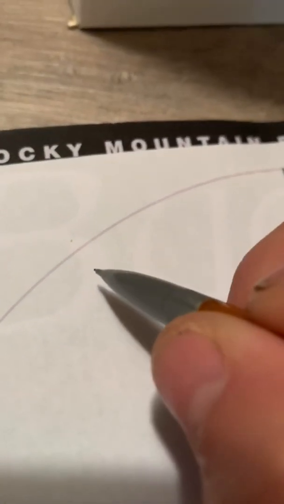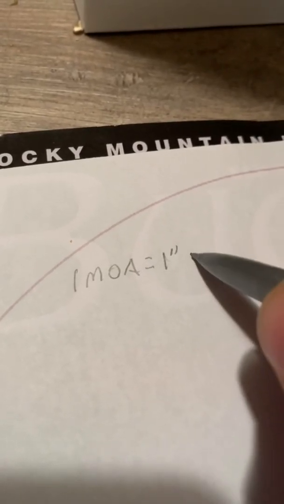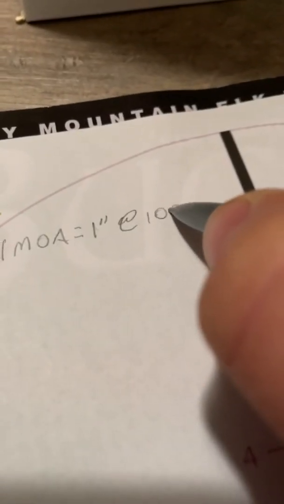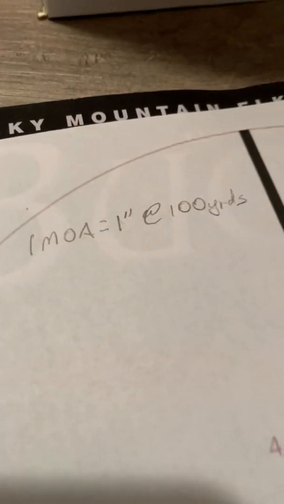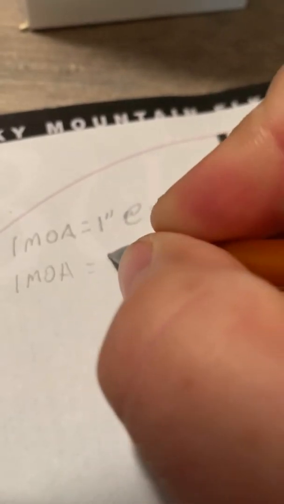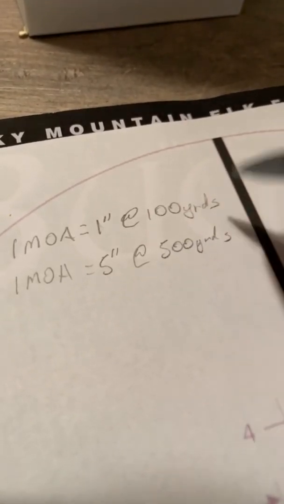Okay, so let's go ahead and do some math real quick. I'm not insulting anybody's intelligence, but 1 MOA, or minute of angle, is equal to 1 inch at 100 yards. Conversely, 1 MOA is equal to 5 inches at 500 yards, so on and so forth.